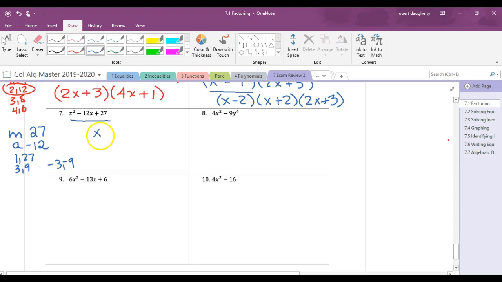So this answer is just x minus 3, x minus 9. 4x squared minus 9y to the 4th. Looks a little complicated, but both of those things are perfect squares. So this is 2x minus 3y squared times 2x plus 3y squared.